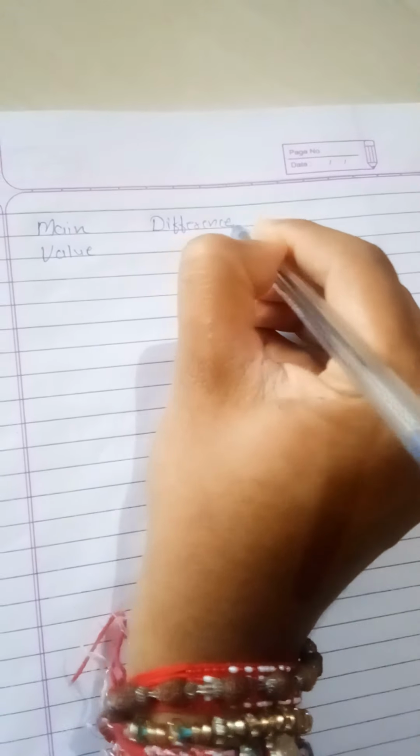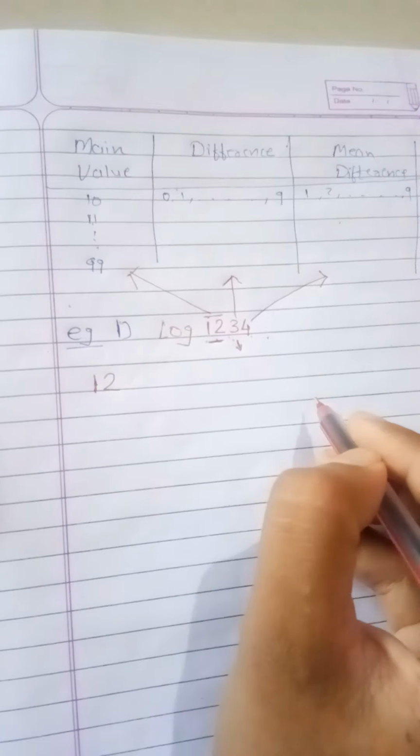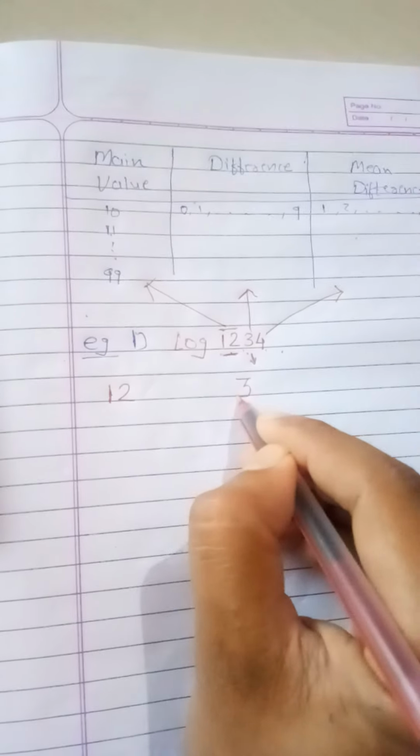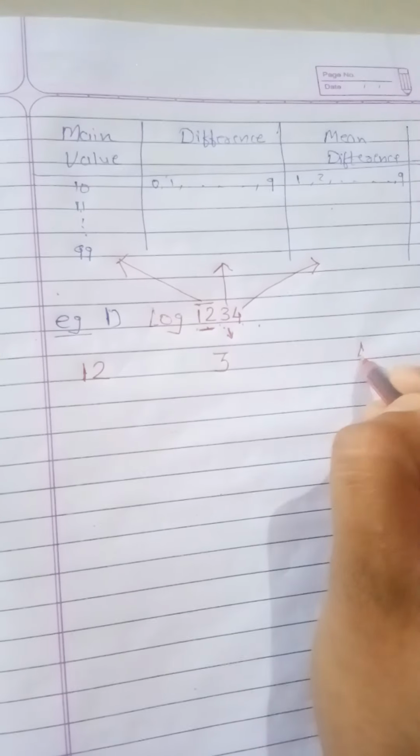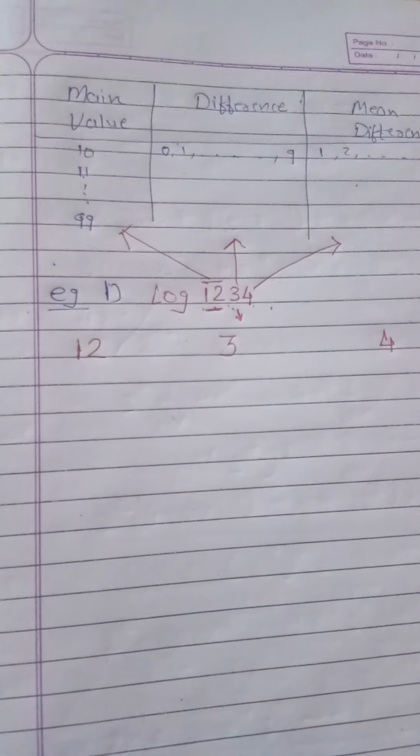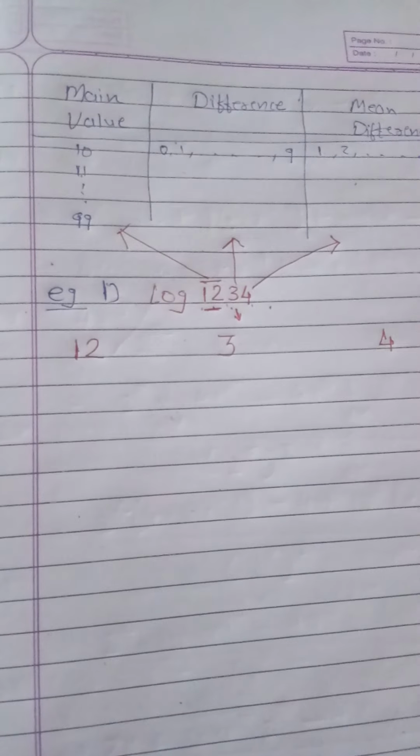So I am writing here: 12 is the main value, 3 is the difference, and 4 is the mean difference.